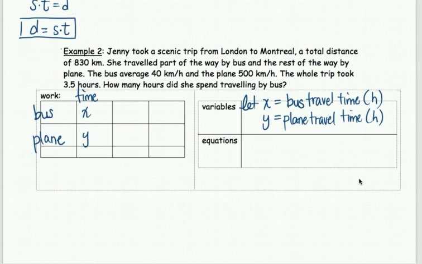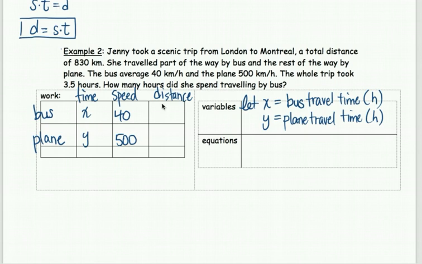So from there, we're going to use our table to list off the speed, and the other one will be the distance. Okay, and if you want, you can just write T, S, and D, I guess, as well. All right, so the speed for the bus was 40 kilometers an hour, okay, and the plane was 500 kilometers an hour.